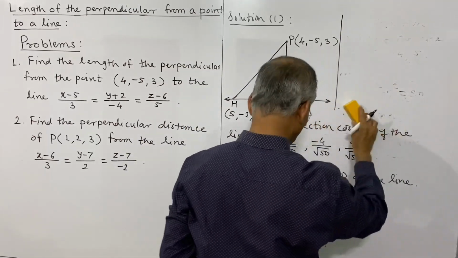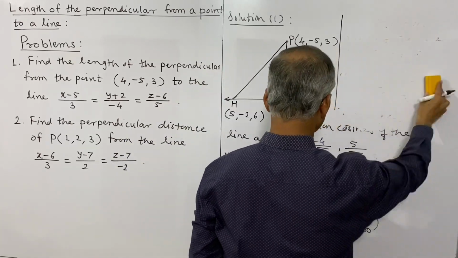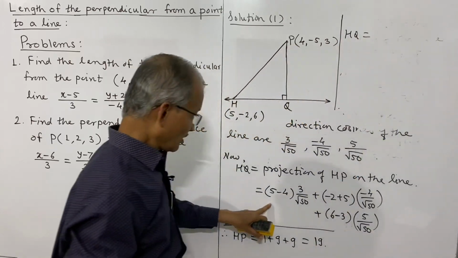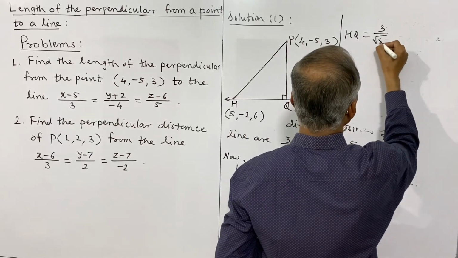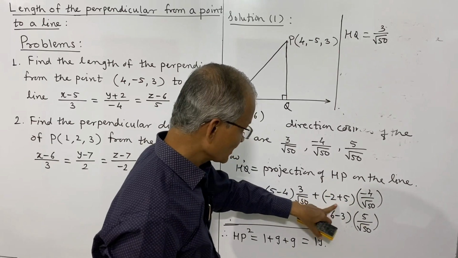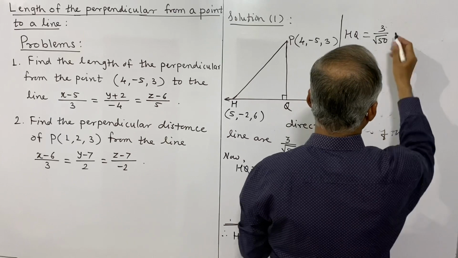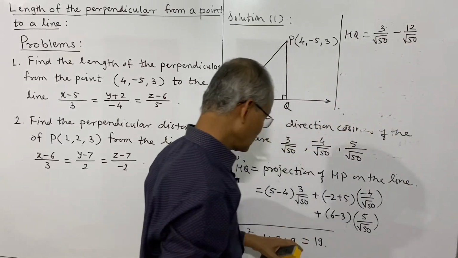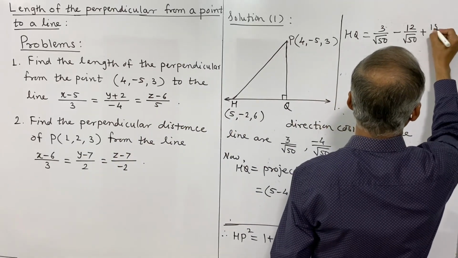Let me write again here. HQ is equal to 3 divided by root 50, plus 3 into -4, that is -12 divided by root 50, and next 3 into 5, that is 15 divided by root 50.